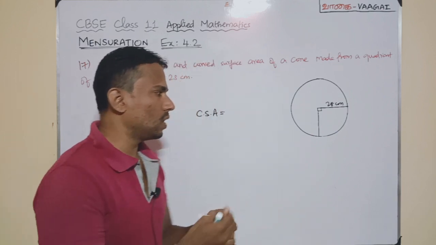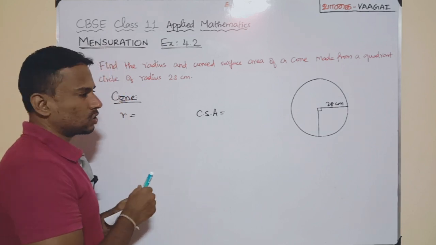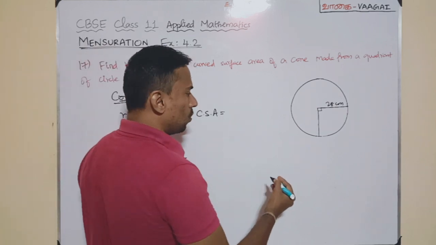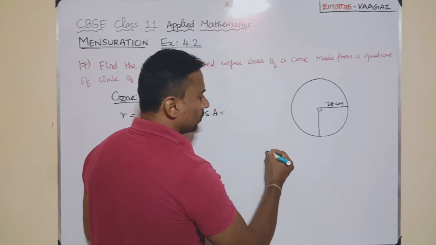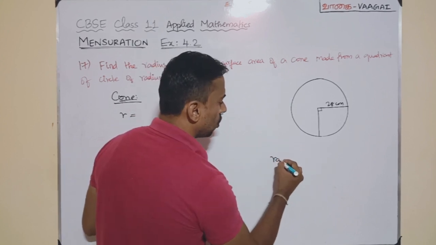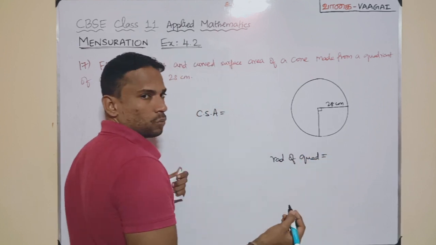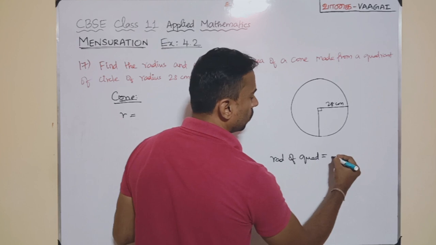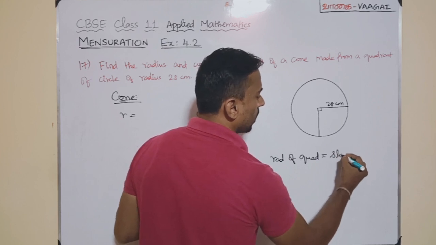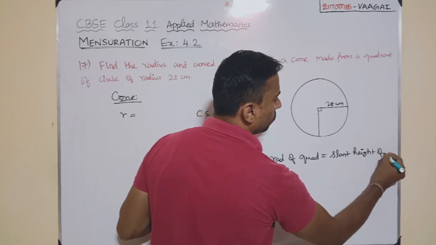So let me quickly write it here. Two things we saw here. One is the radius of the quadrant, which is the same as the slant height of the cone.